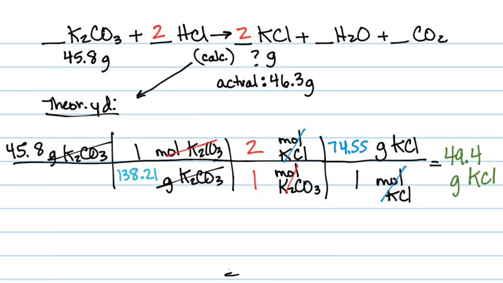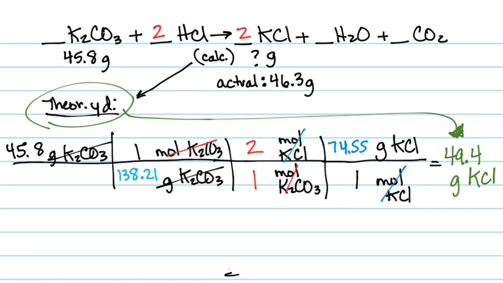So theoretically, calculated on paper, our theoretical yield, if everything went perfect, is 49.4 grams of KCl based on how much potassium carbonate we started with. So that is the theoretical yield. Notice it is more than the actual, which it has to be because our percentage we can't have over 100%.